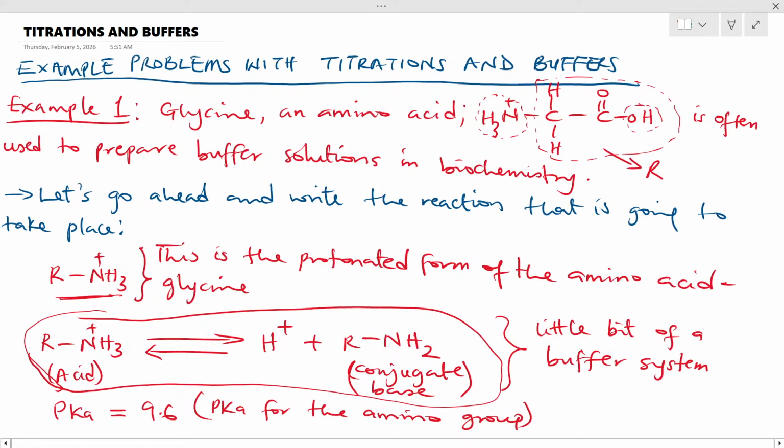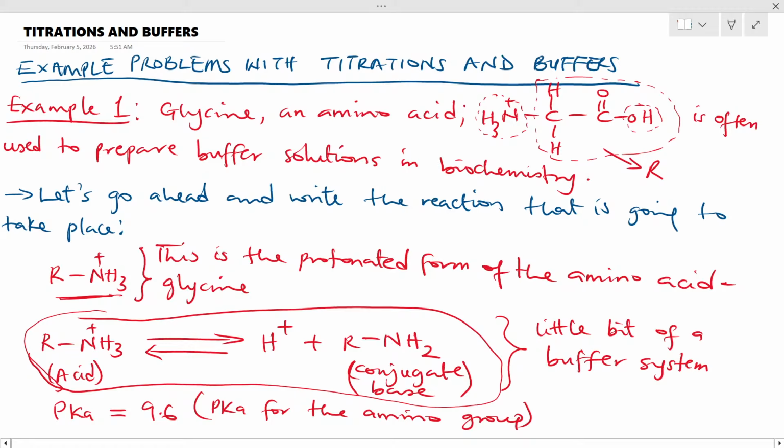Alright, so we now show the kind of reaction that will take place in solution, and we saw that H plus from the acid ammonia will be given up from the acid glycine.